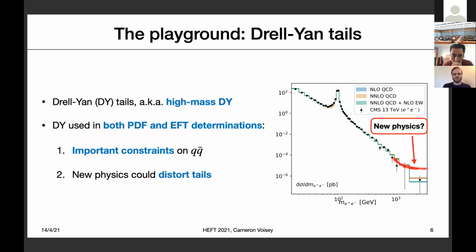So Drell-Yan data in general provides important constraints for PDFs for quarks and antiquarks, and say the q q-bar luminosity. But you could also expect that you could find distortions from new physics contributions in the tails of these Drell-Yan distributions, as you can see, for example, on the right-hand side.